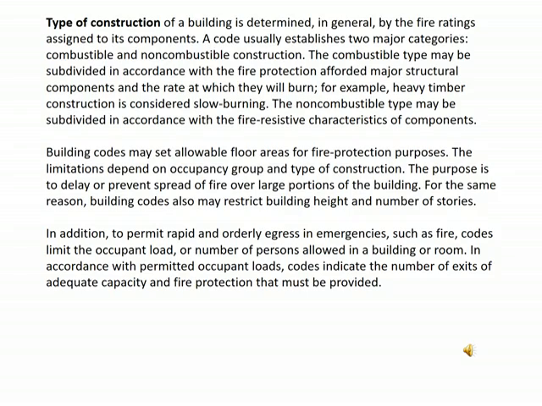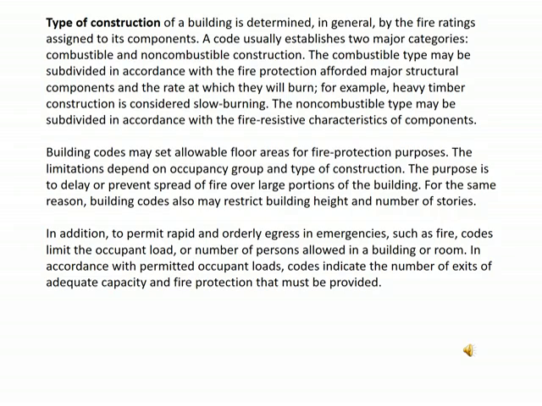For example, heavy timber construction is considered slow burning, but the non-combustible type may be certified according to the fire-resistant characteristics of the components. When we are designing the building, there will be many components, and those resistant properties are also based on the fire protection rating, depending on the fire-resistant characteristics of the components.